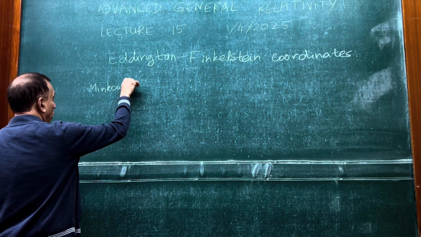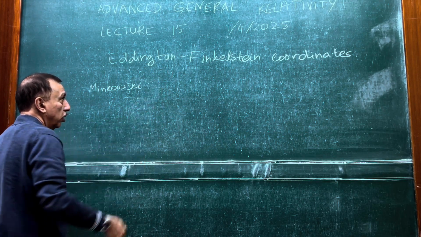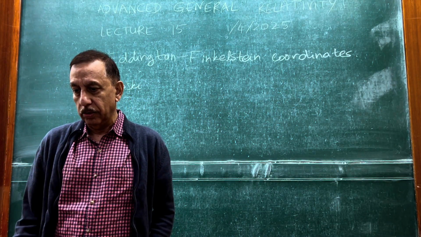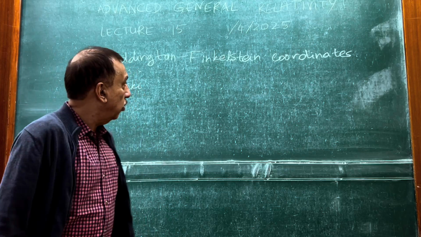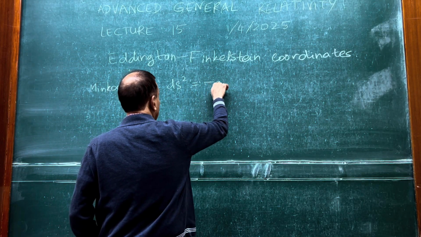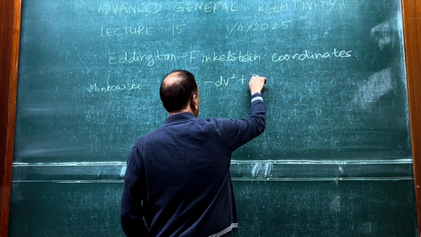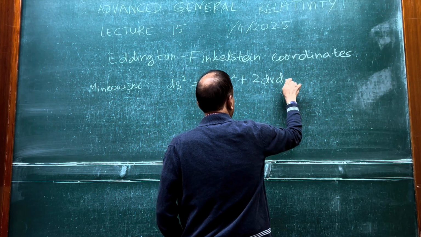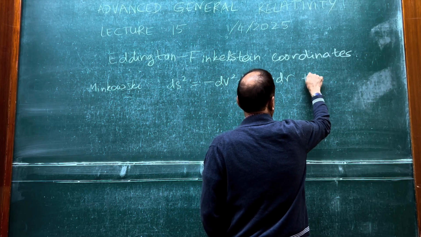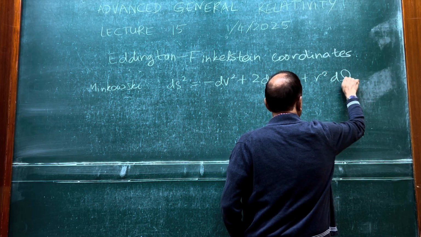Actually, these coordinates I think were essentially invented for the Schwarzschild solution, but in Minkowski they were simply given by this: dv squared, minus dv dr, and then plus r squared d omega squared.